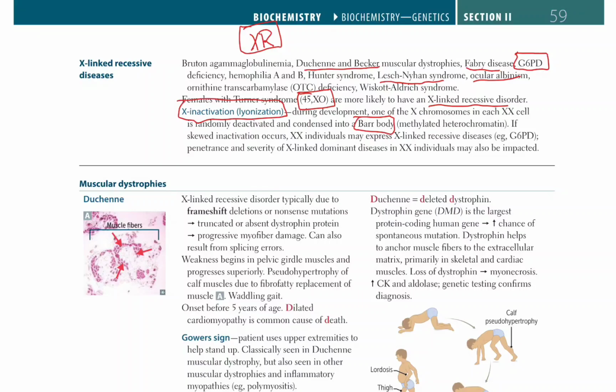This inactivation of X is called lyonization. If skewed inactivation occurs, XX individuals may express an X-linked recessive disease, for example G6PD. Penetrance and severity of X-linked dominant diseases in XX individuals may also be impacted.